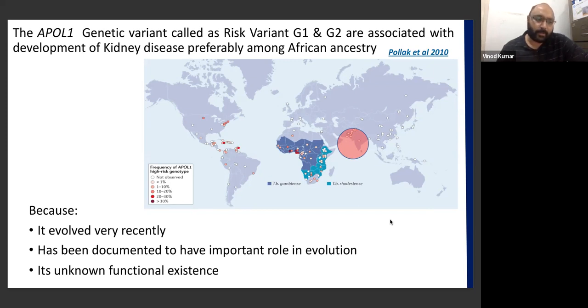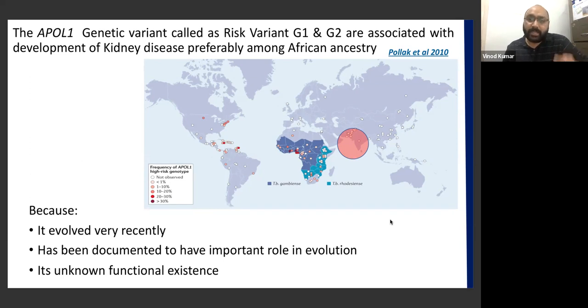It has been reported previously that in India we don't have these mutations in APOL1, but it is still a very interesting protein, and we should know about it because it has evolved very recently and has a very important role in the evolution of human beings.